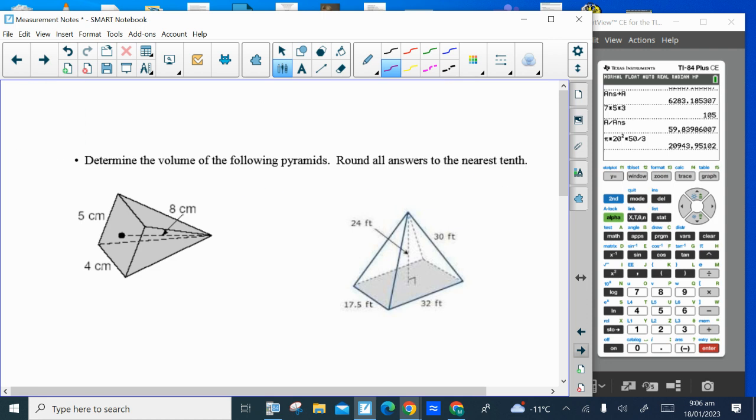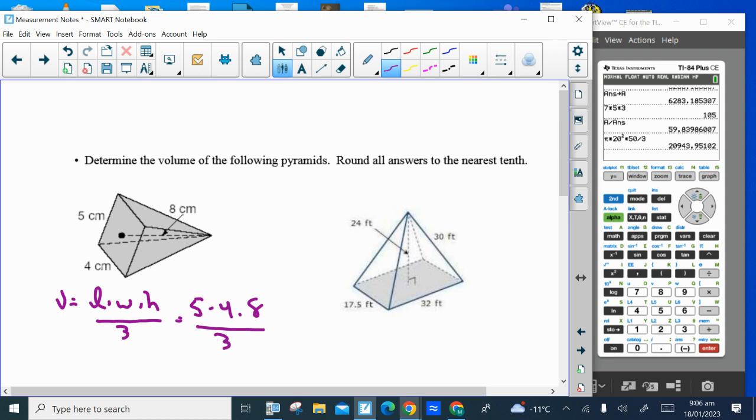Okay, and on the next page, those are pyramids. The formula for volume of a pyramid is length times width times height over 3. If we say the length is 5 centimeters, the width is 4 centimeters, and the height is 8 centimeters, it doesn't really matter, we can switch the length and width around.